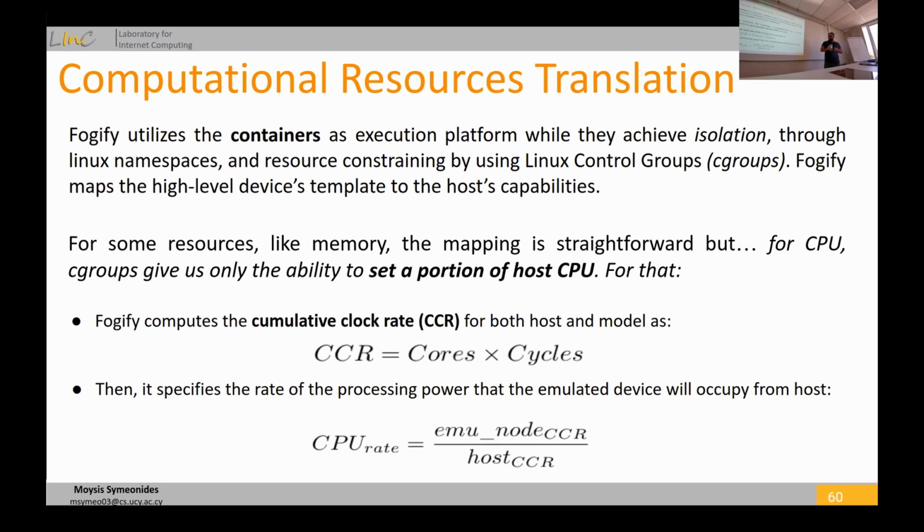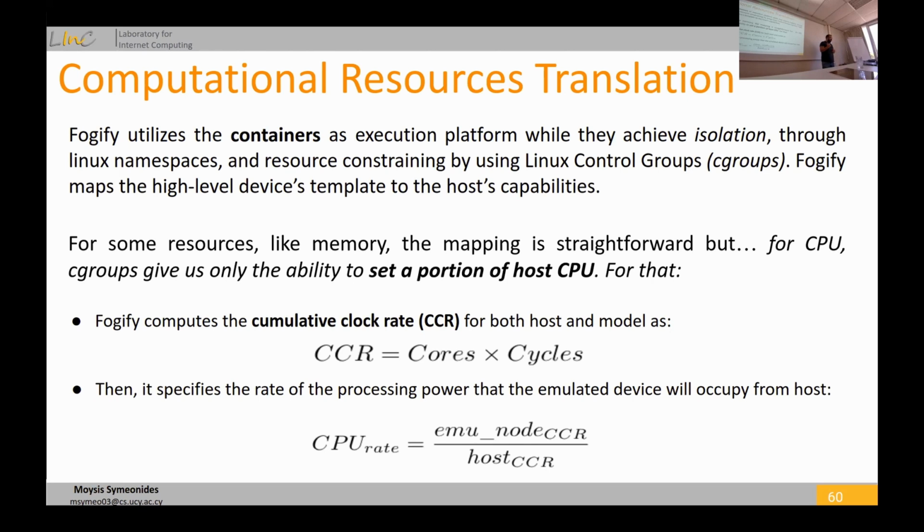However, for other resources, like CPU, the mapping is not so obvious. For instance, if I have to map an edge device with 2 cores at 1.4 GHz on top of a host with 12 cores at 2.4 GHz, it's not so obvious how we can emulate such a device.